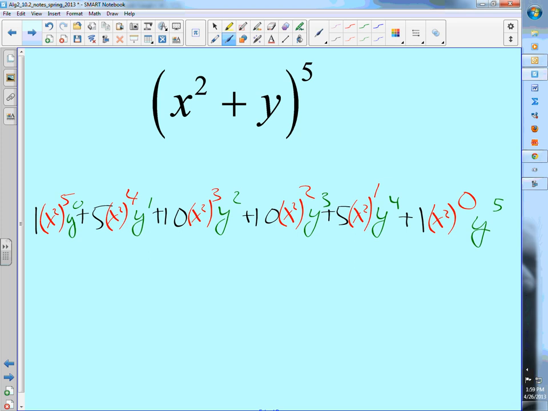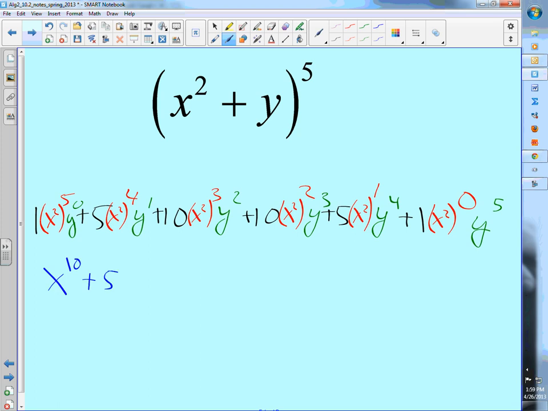But this time you have to clean up the mess. Because of the parentheses raised to powers, you're going to have to do some simplifying. X squared to the 5th becomes x to the 10th. Y to the 0 is 1, so it's just going to be x to the 10th.